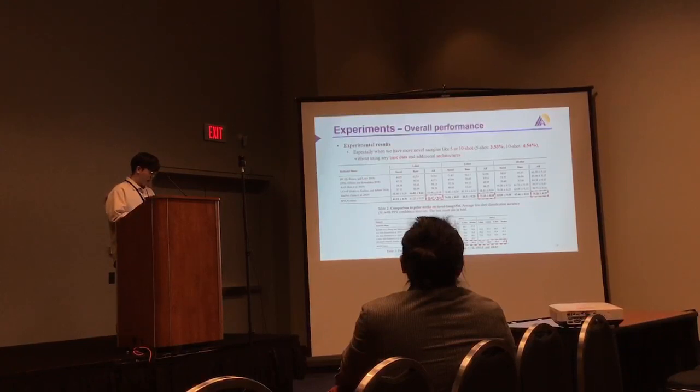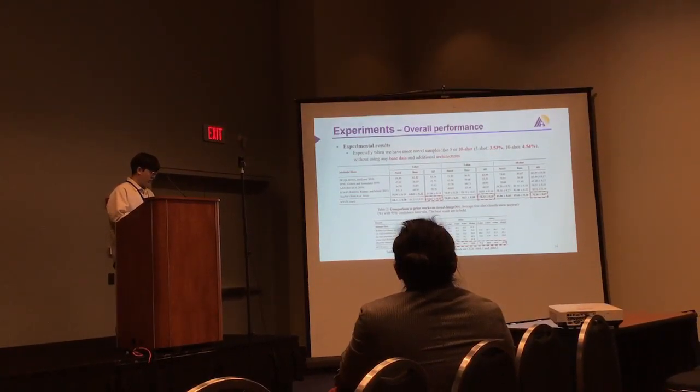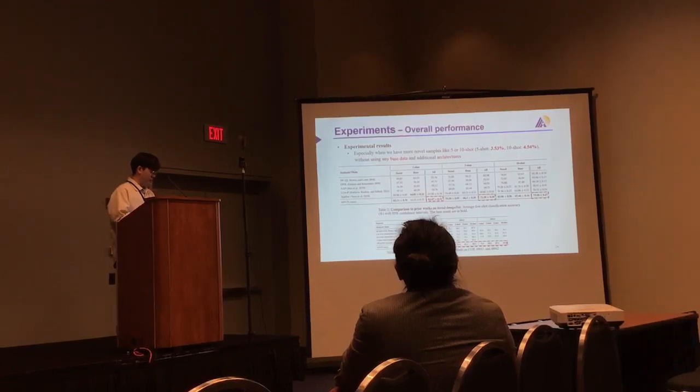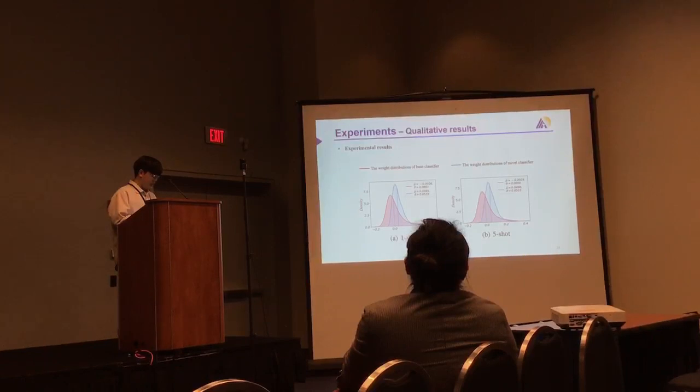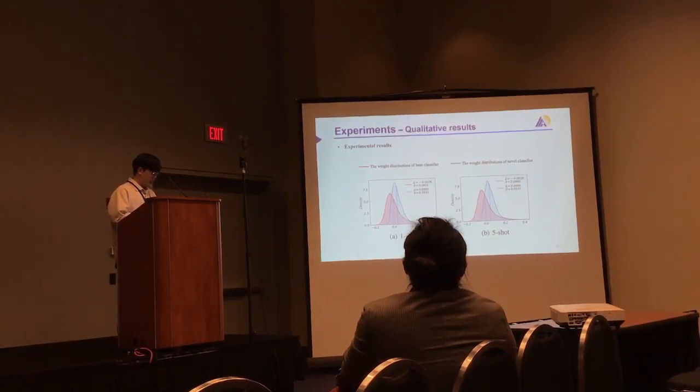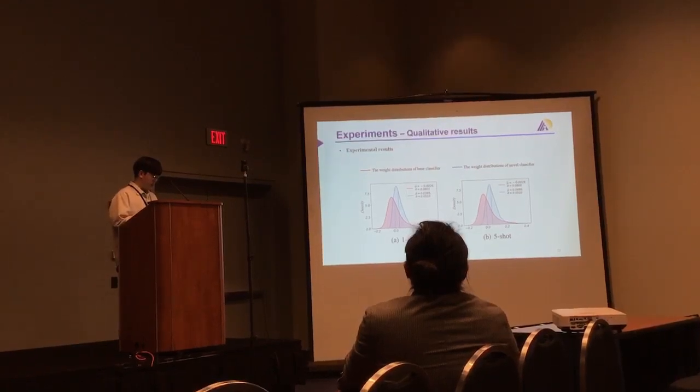Also, we are able to observe the same trends in the datasets of generalized learning, which are CUB and AWA. Also, as shown in this slide, you can see that MVCN actually solves the mean shifting phenomenon and achieves a balance between base and novel classes.